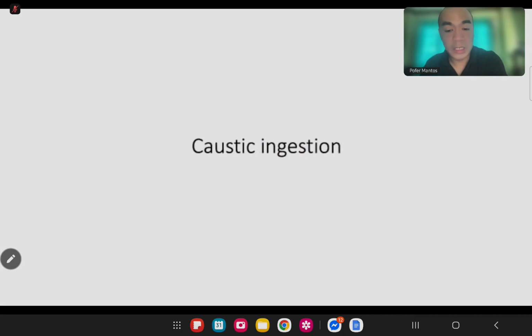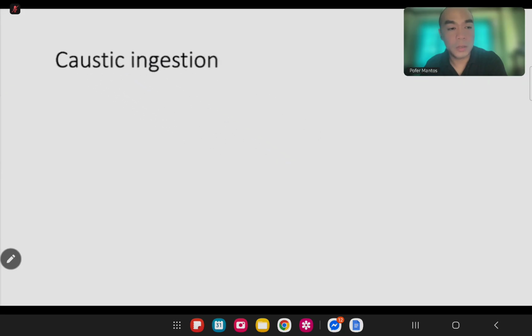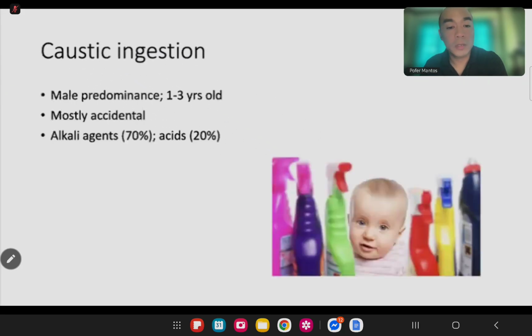Another common emergency is caustic ingestion. Caustic ingestion occurs around the same age group, those less than 3 years of age, and mostly accidental.